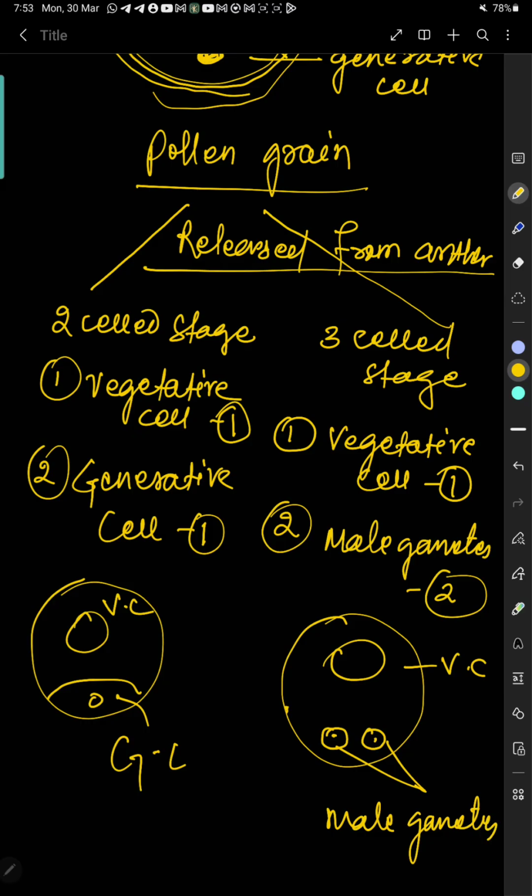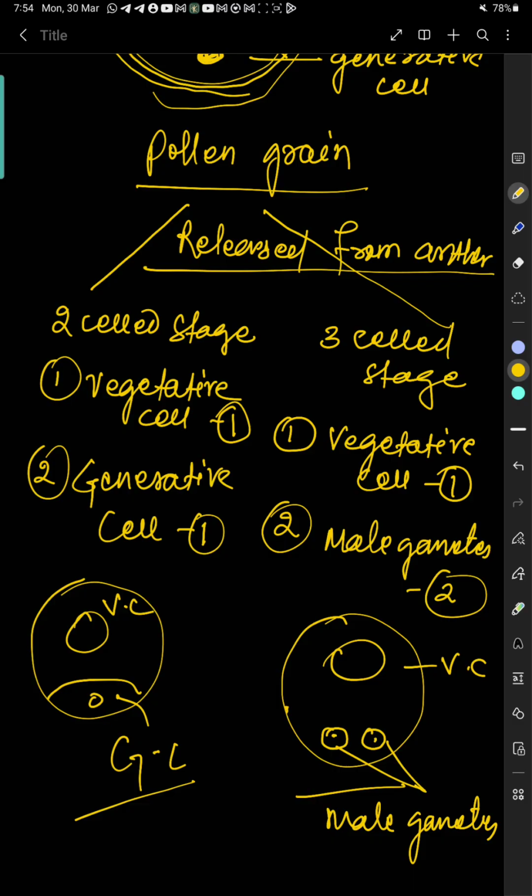So the pollen grain may be released from the anther either in the two-celled stage or in the three-celled stage. Often in exams it is asked what the two cells and what the three cells are.